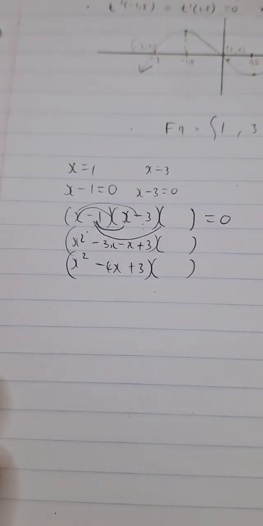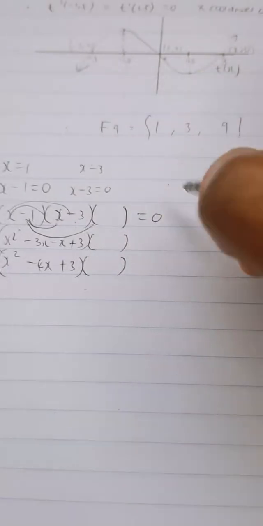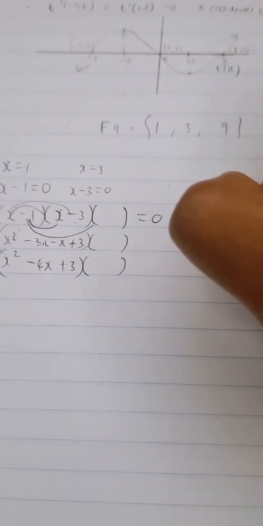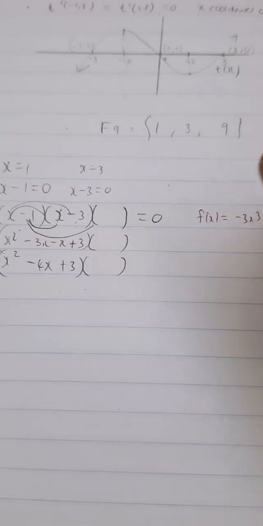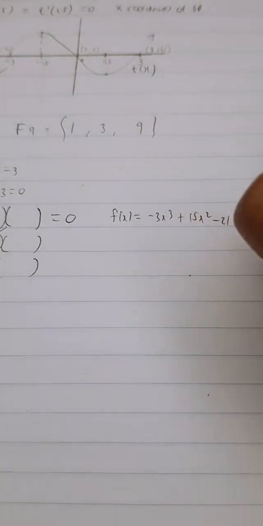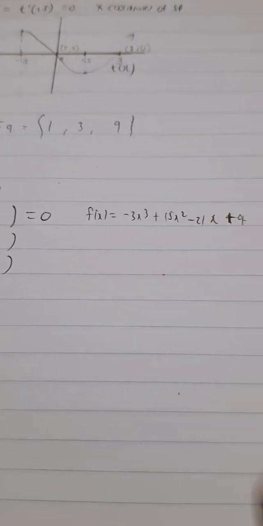And then I'm thinking to myself, now to get the function that I'm concerned about, f of x is equal to negative 3x cubed plus 15x squared minus 21x plus 9.